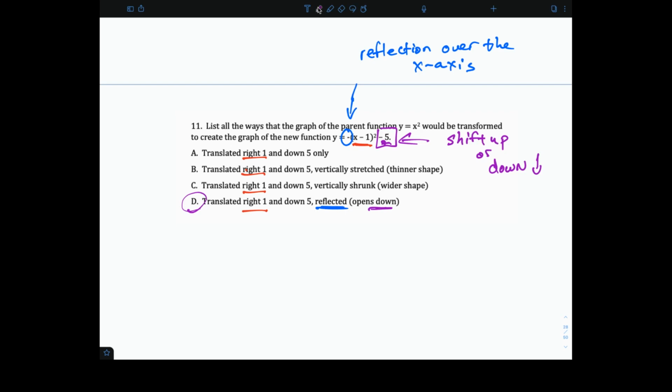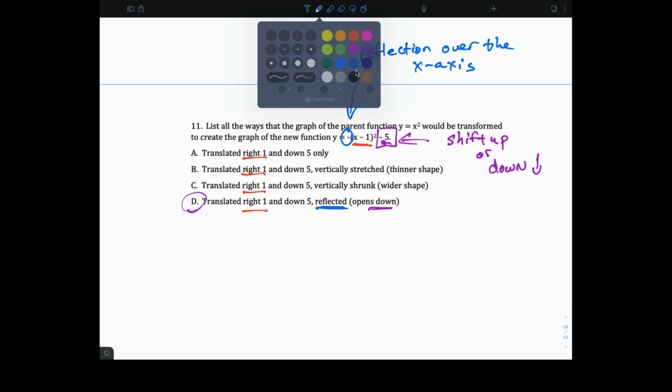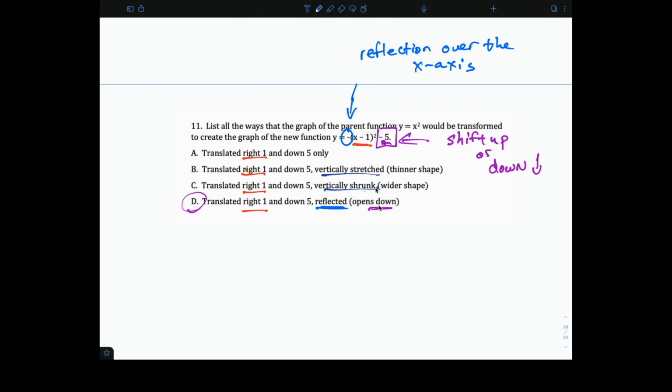Things talking about vertical stretch or vertical compression are related to the number in front. So if A is greater than 1, it is a stretch, A being the number in front of the function. And if A is between 0 and 1, it is a shrink. Okay.